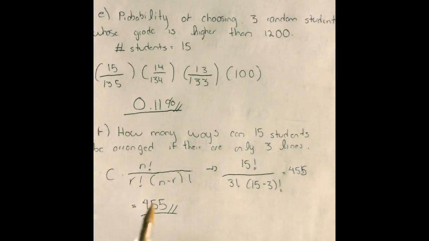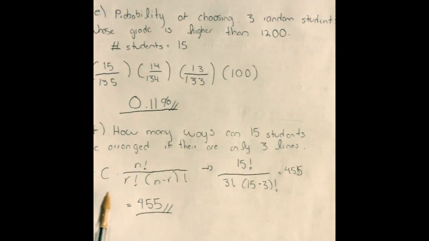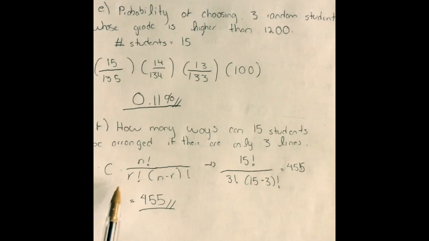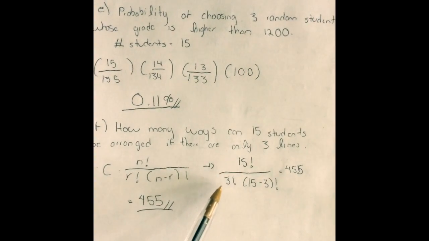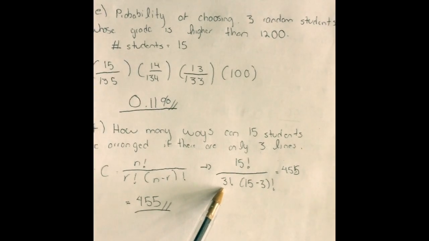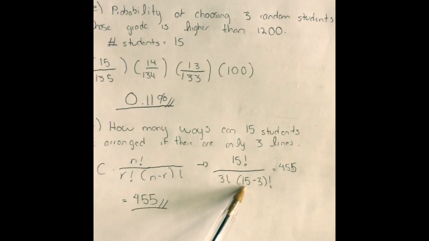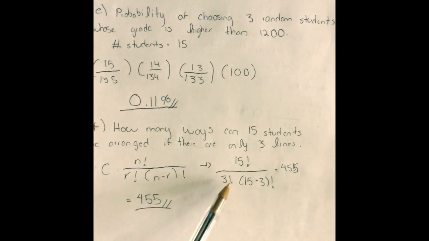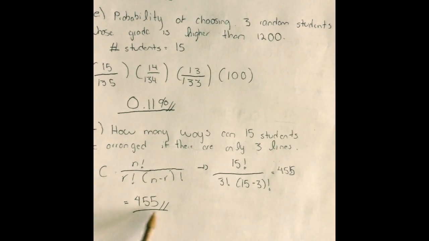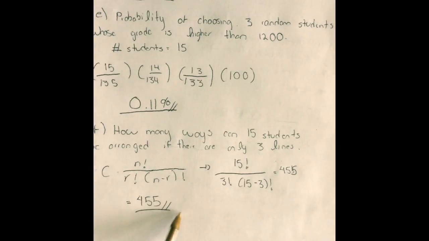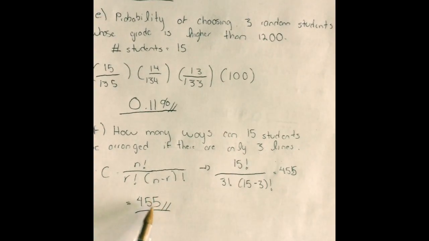So by doing the substitution on the formula, we're going to obtain that 15 is going to be equal to n, our set of elements, and 3 is lower than 15. Doing the factorials and the division, we are going to obtain 455. And that is going to be our result, which is the number of possible combinations following these conditions, and our answer.